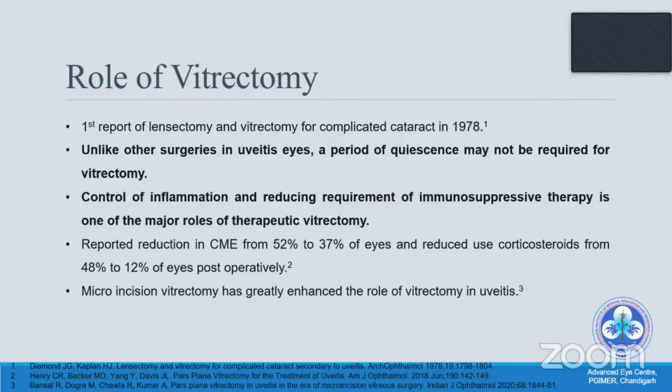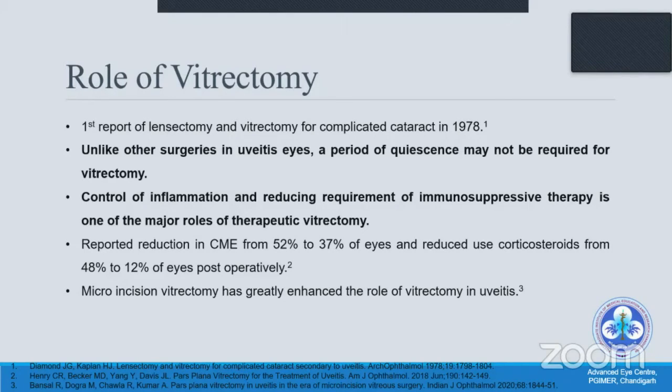In a large review published in 2018, they reported a reduction in CME from 52% to 37% in eyes which underwent vitrectomy, and reduced use of corticosteroids from 48% to 12% postoperatively. That is a major reduction in inflammation as well as in the requirement of anti-inflammatory therapy.